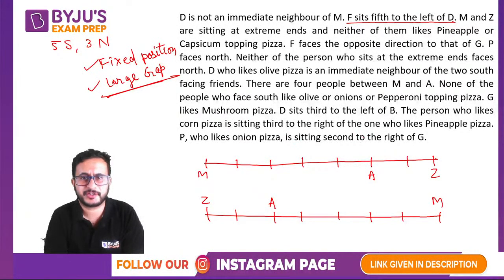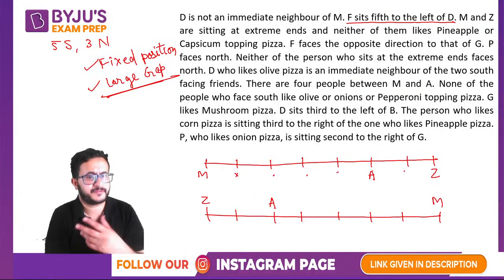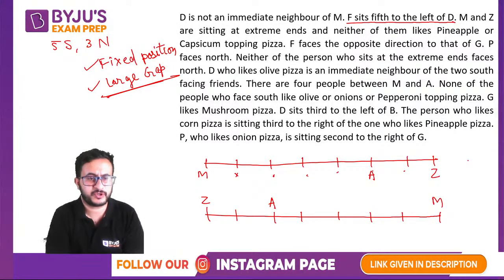We are not given the direction of D. So F sits fifth to the left of D. So we cannot have D here. If we put D here, 1, 2, 3, 4, 5, not possible, right? So we cannot put D here and F here. We cannot have D here because the fifth person is not possible.